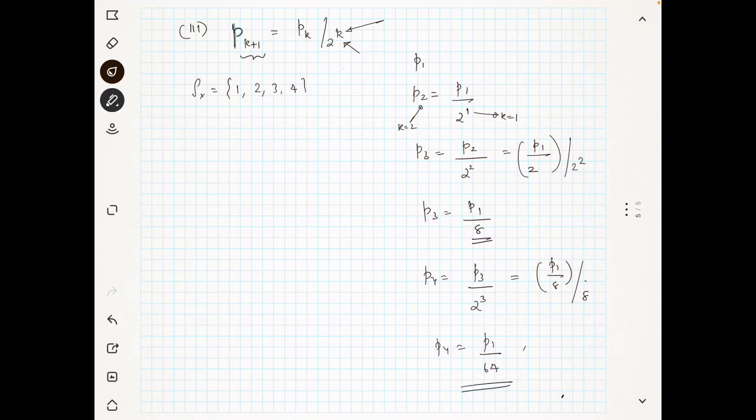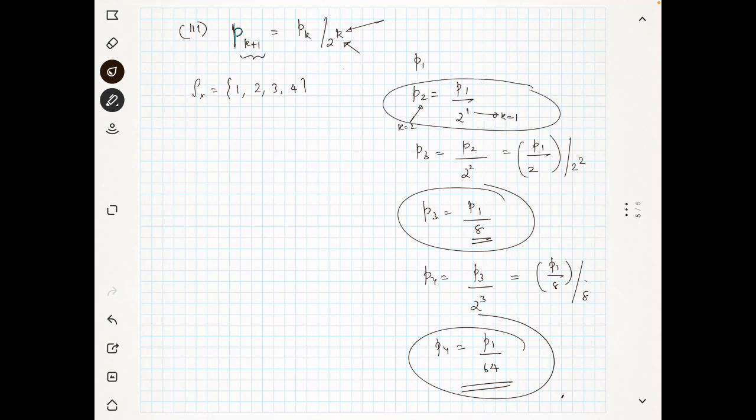Okay, so you got p4, p3, and you got p2, and you know what is p1. So you have all the probabilities, and the sum of all pi's for all i's will be equal to 1. So you can use this equation and solve to obtain the value of p1, p2, p3, and p4.